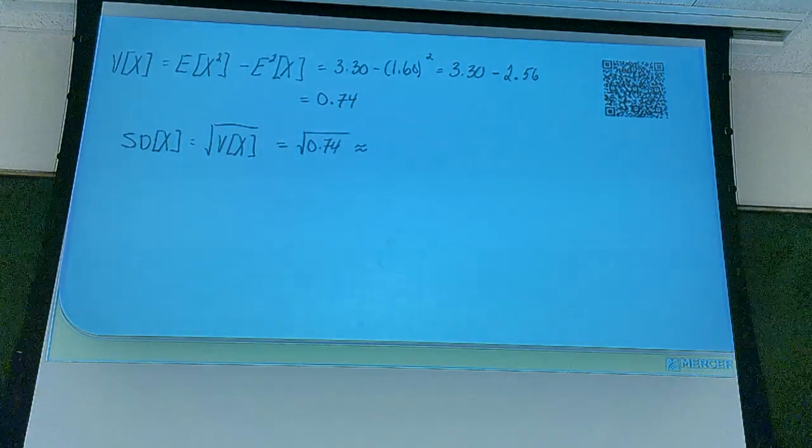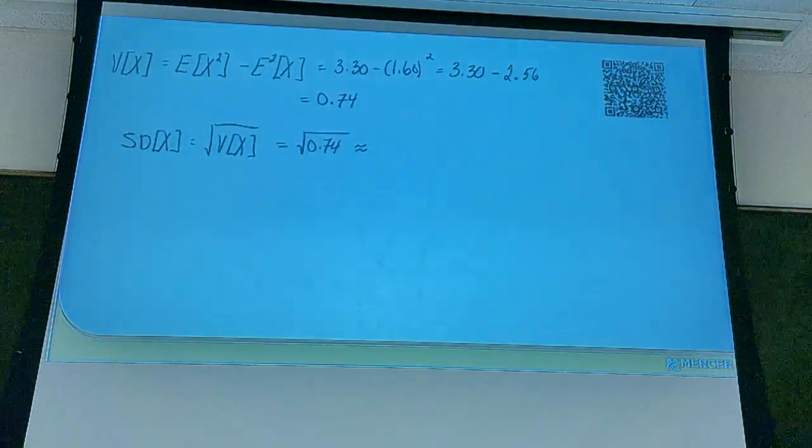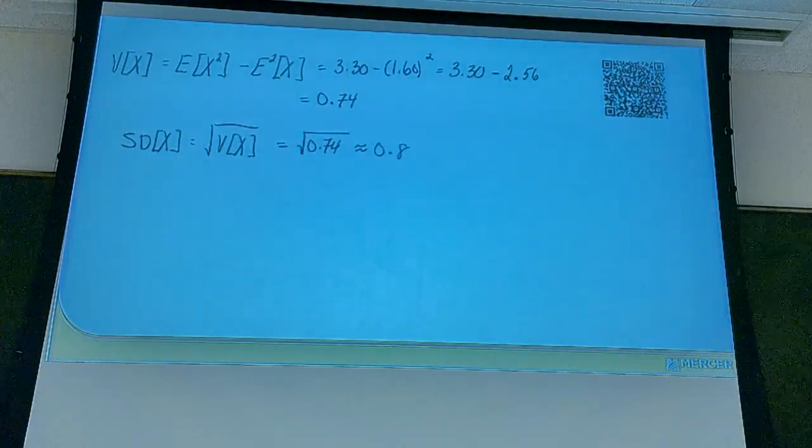Square root of 0.74. Got 0.860. Let's just say 0.86.